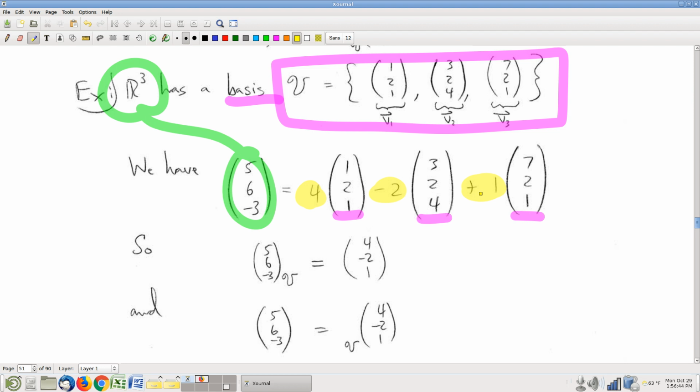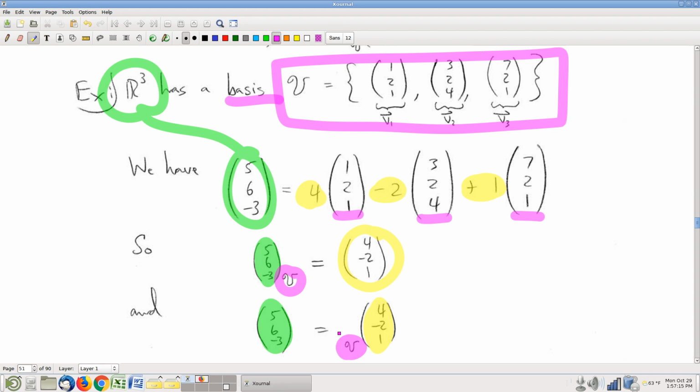They end up being 4, -2, and 1. And so, having written this vector in terms of the basis with those coordinates, I say that this vector's coordinates with respect to that basis are those numbers. Or vice versa, that vector is the 4, -2, 1 linear combination of those basis vectors.